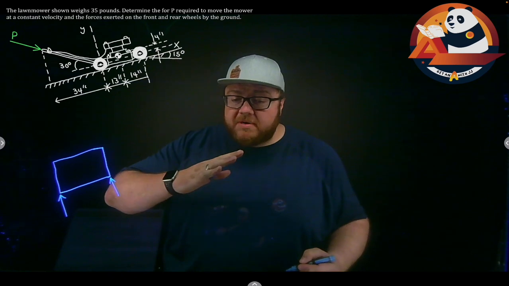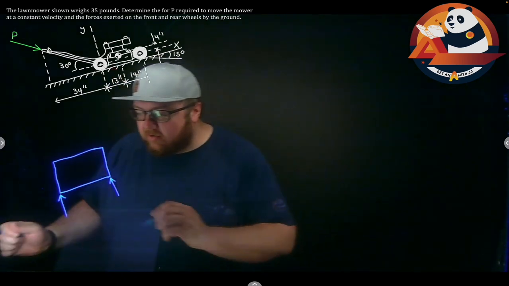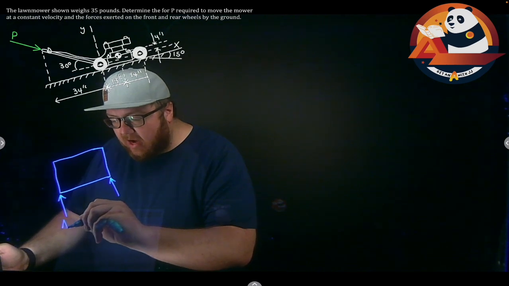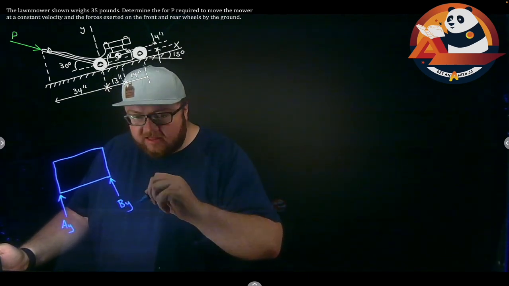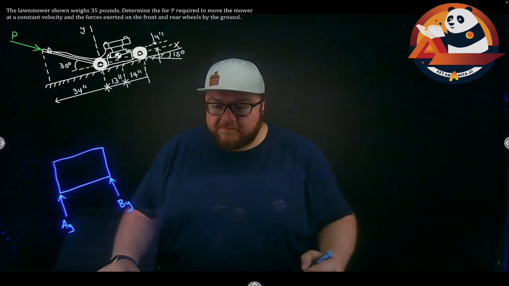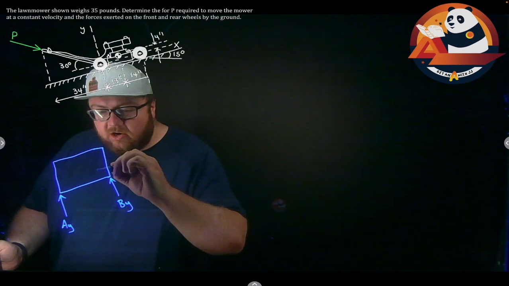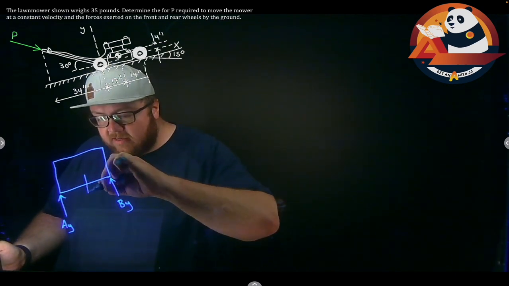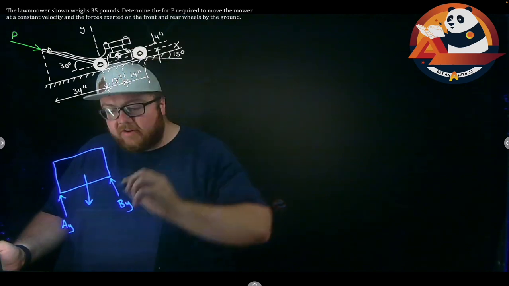Rollers are always perpendicular to whatever surface they sit on, so perpendicular to the ground. At the back, let's call this AY, and BY up there at the front. I also have the weight in here, going straight down. That weight, we were told, is 35 pounds.